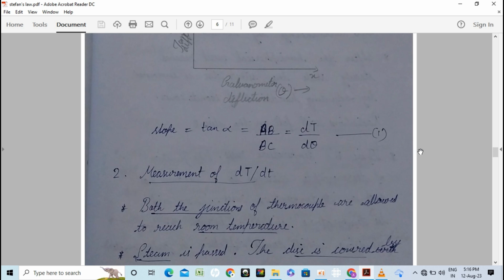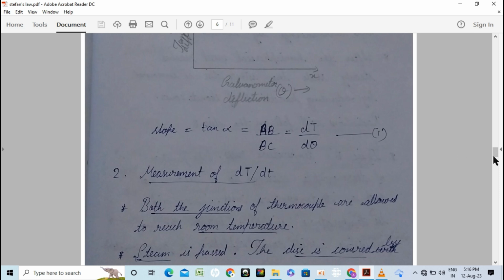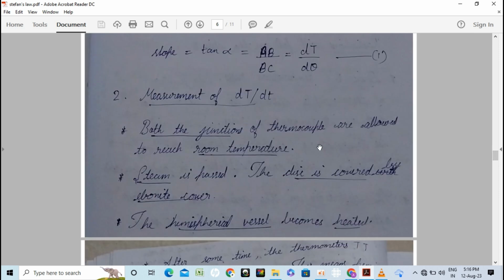Now the next step is measurement of dT by dt. Capital dT is the temperature difference and small dt is the time interval. For that, both the junctions of the thermocouple are allowed to reach room temperature. Then steam is passed. The disc is covered by the ebonite cover. The hemispherical vessel becomes heated.